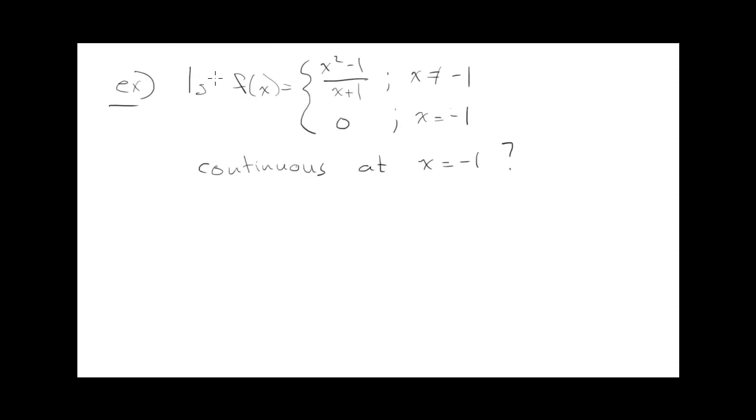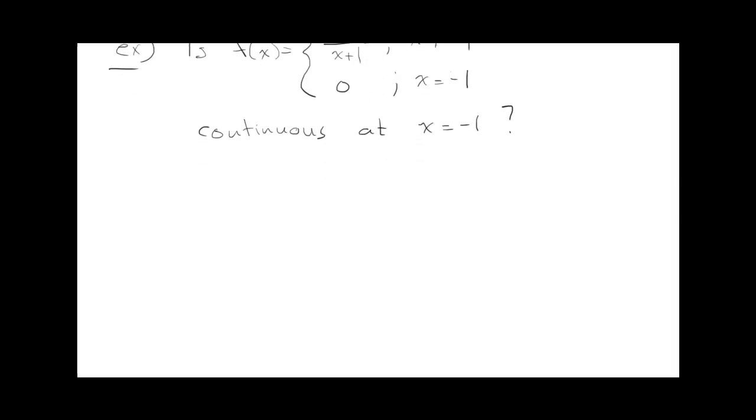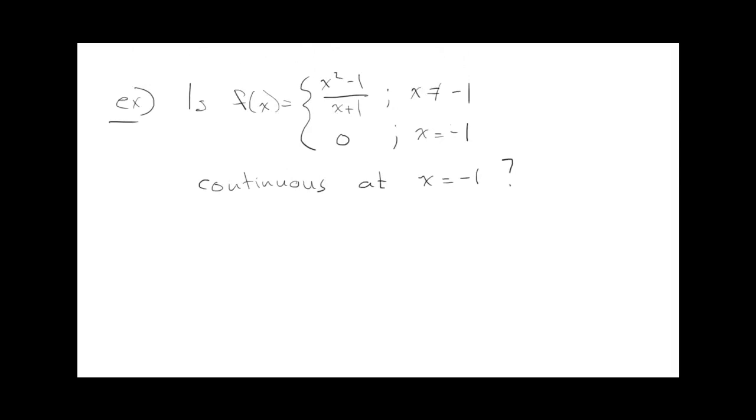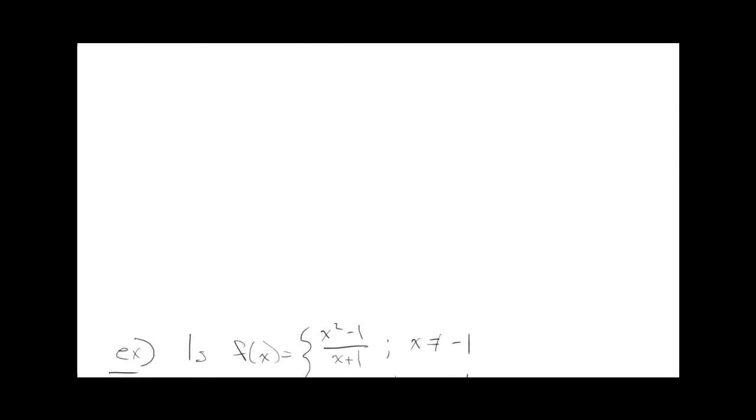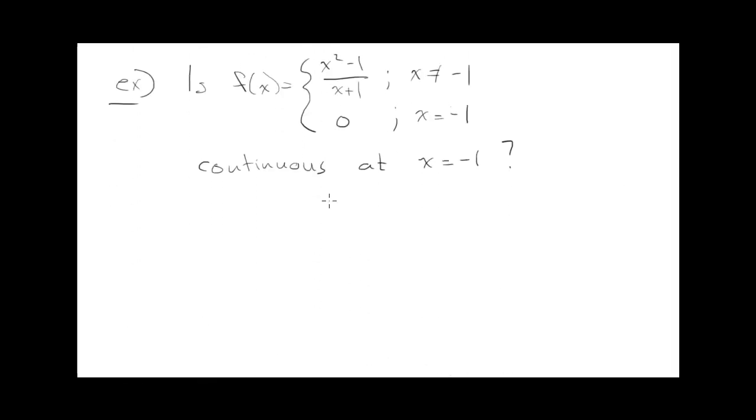Okay, so first example, is this function f at x, it's a piecewise function, continuous at x equals -1? So in order to determine if it's continuous at a point, just go back to your definition, right? There's 3 criteria that had to be met. The first one was that the function had to exist at -1. So does f at -1 exist?